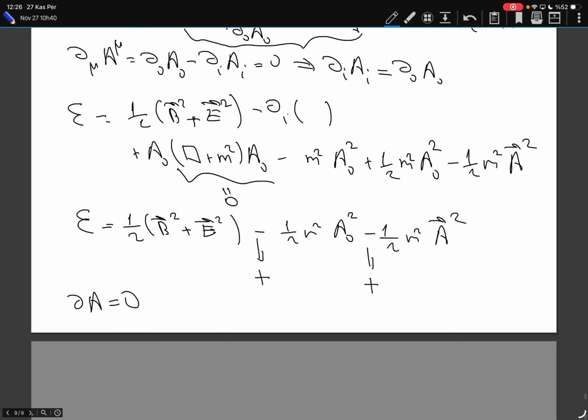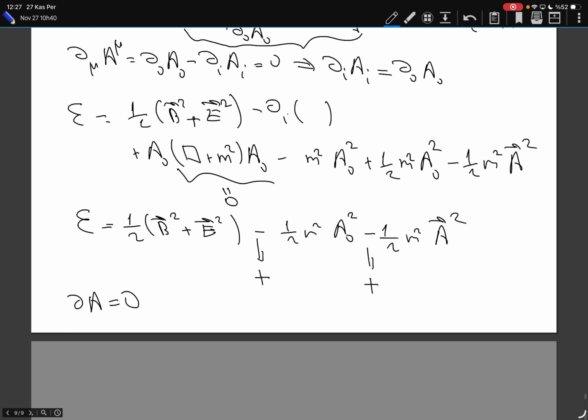And if I use the equation of motion plus this one, which is also part of my equations of motion, by the way, this I derive from my equations of motion, which gives me a positive energy density that is bounded from below. So my problems that we discussed at the beginning of our discussion of the spin 1 Lagrangian, they are both resolved. I don't know where I missed that sign. So any questions? So now I have a well-defined theory.